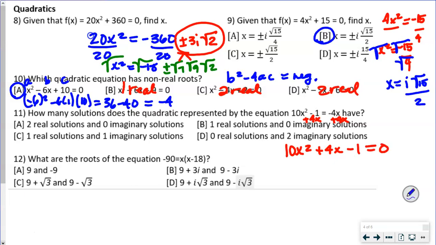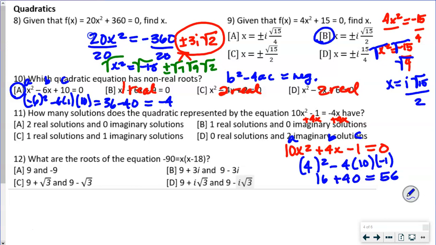So we're going to do a, b, and c again, using b squared minus 4ac, okay? So we're going to do 4 squared minus 4 times 10 times negative 1, right? So this is going to be 16, and negative 4 times 10 is negative 40 times the negative 1 is going to be plus 40, right? So this is actually going to be 56.